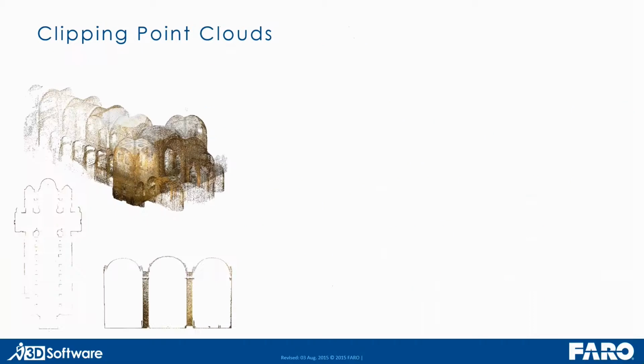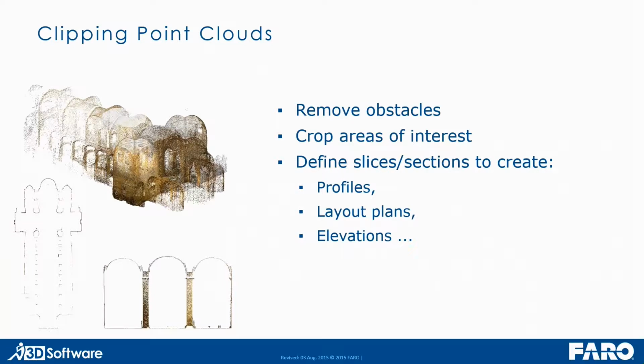So let's come to the functionality in more detail. You can of course clip your point clouds in order to remove obstacles or to crop to your areas of interest. And you can define slices, thin sections, in order to digitize profiles or layout plans, as well as elevations. This is symbolized here on the left-hand side.